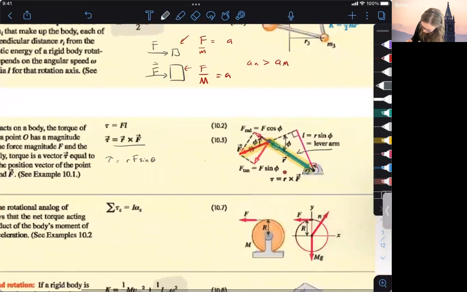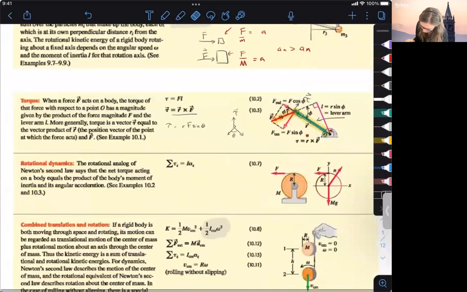In this case, the torque would be acting into the page for this particular problem. So what the right-hand rule tells us, for any cross product, is that the resulting vector is perpendicular to the plane that those first two vectors are in, and whether it points into or out of the page depends on that right-hand rule. Okay, just a little bit of an overview there.